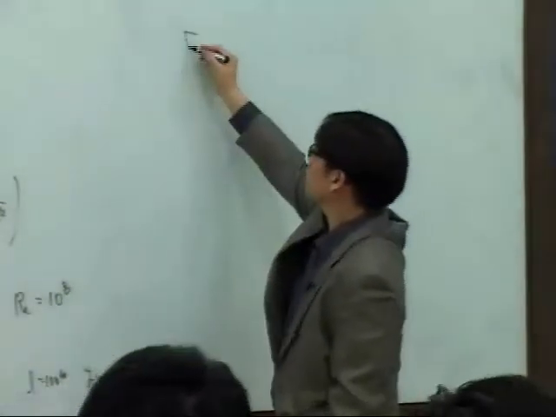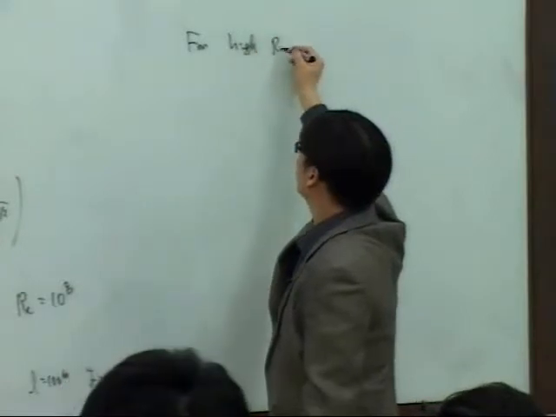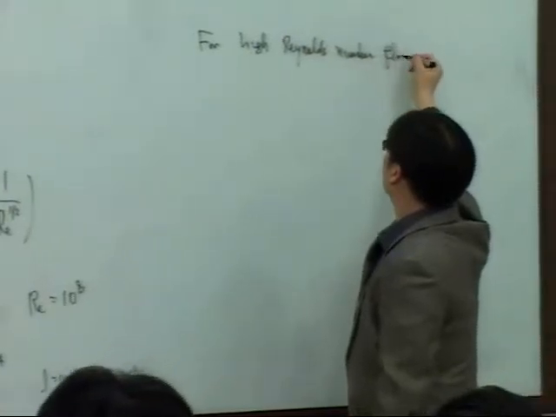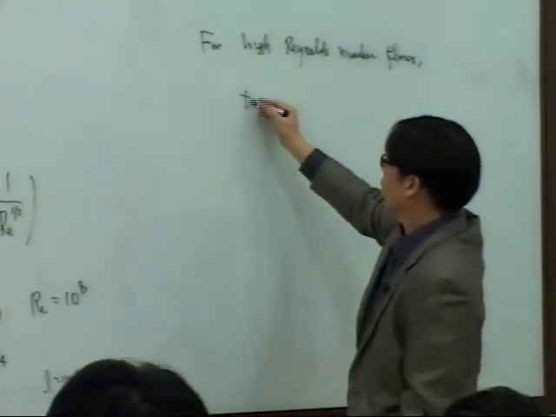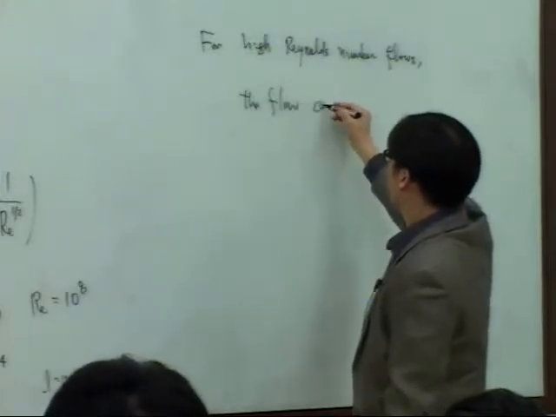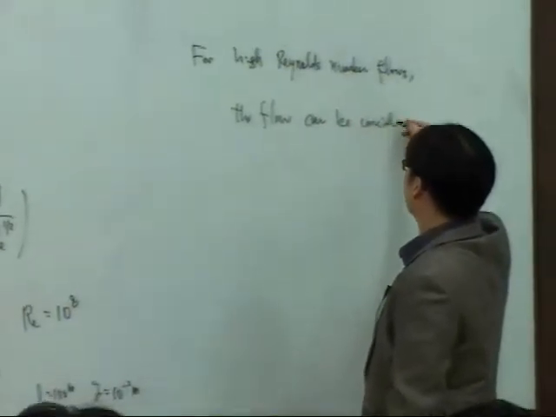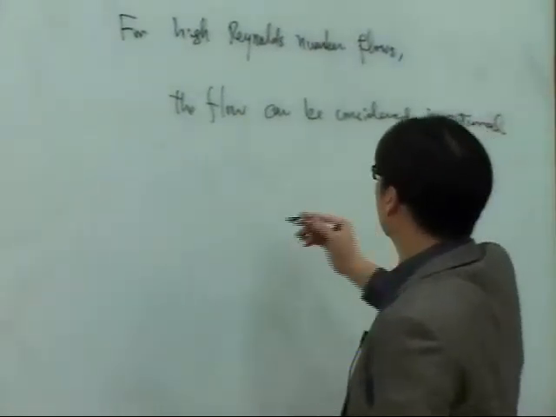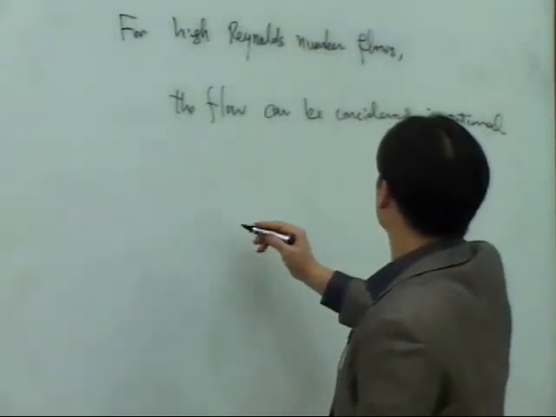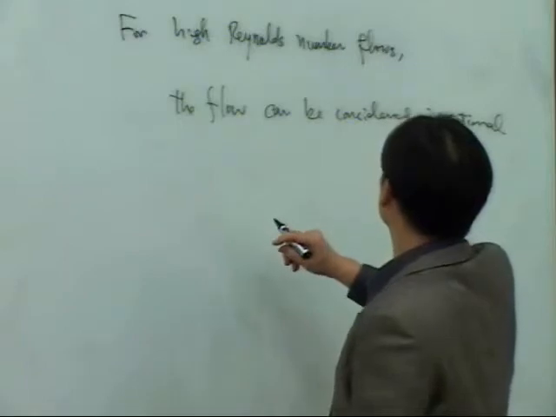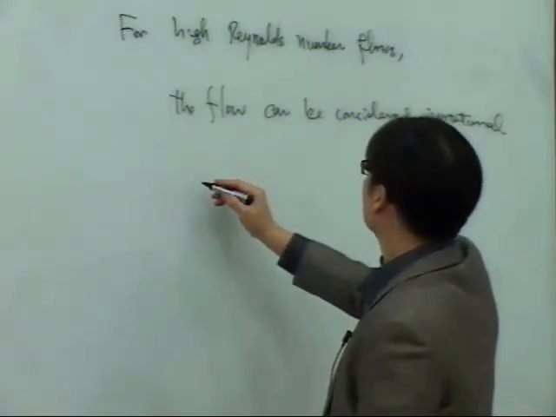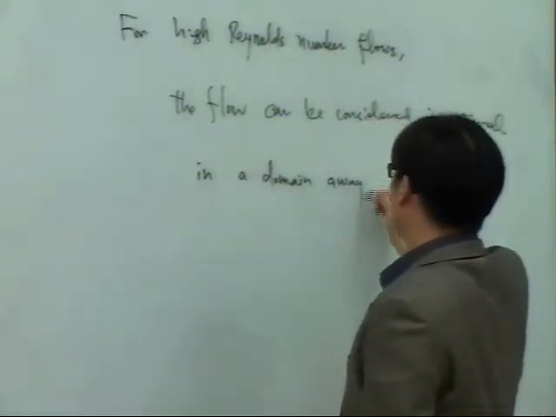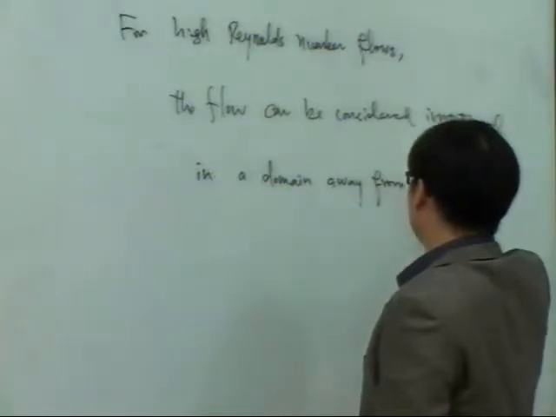So for high Reynolds number flow, the flow can be considered irrotational in the domain away from a boundary.